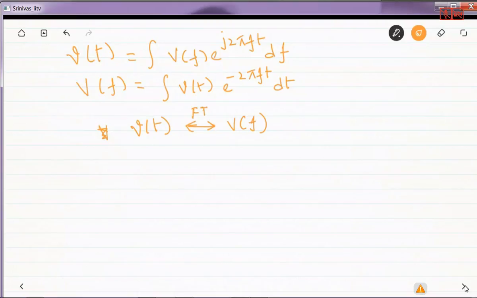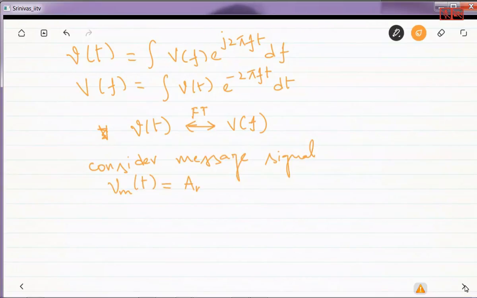So with this background, let us think we have a signal Vm of t. Consider a message signal, Vm of t equals Am cos 2 pi fm t.